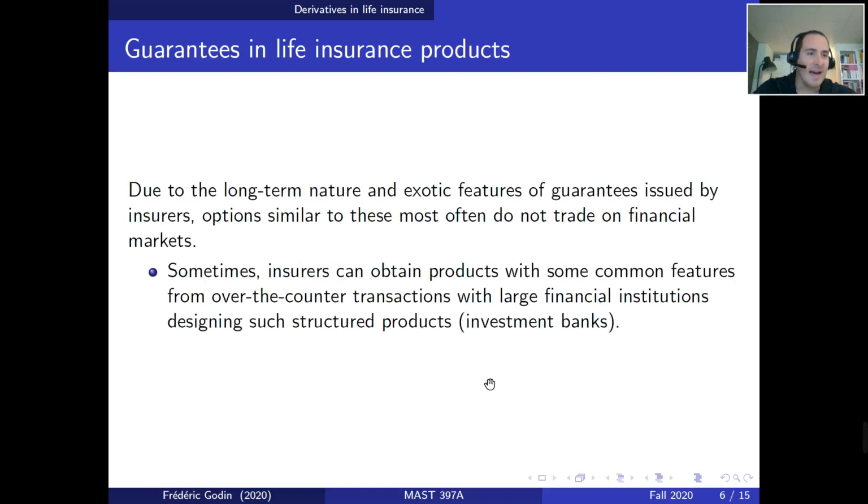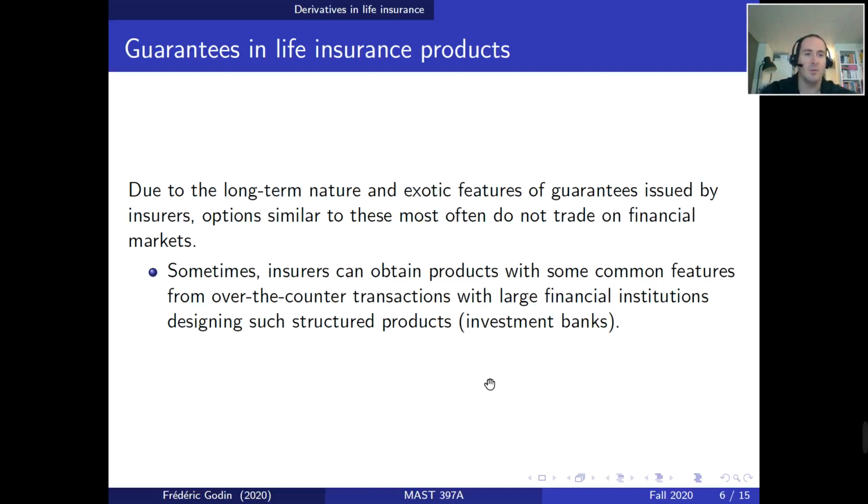So for static hedging, one issue is that the guarantees embedded within life insurance contracts or annuities contracts typically have very long maturities. So, for example, 10, 20 years, 25 years, something like that. So there are no options with maturity 25 years that trade on regular financial exchanges.